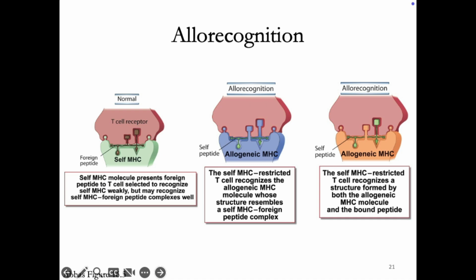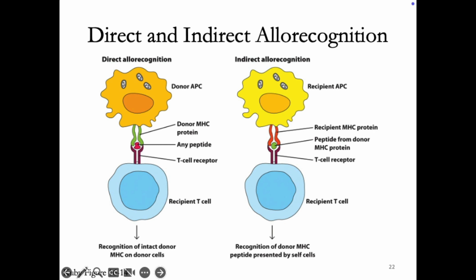I've really only been describing one. And these two things are known as direct and indirect allorecognition. And so this slide, as well as the next slide, are going to talk about direct versus indirect allorecognition. I'm going to talk about direct on this slide and the next slide, and I'm going to come back to this and do indirect on both.